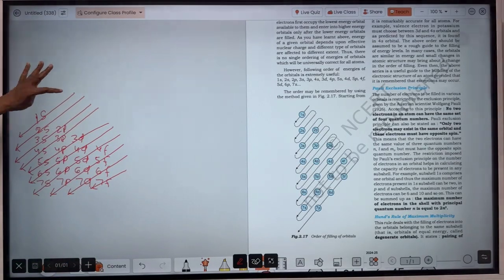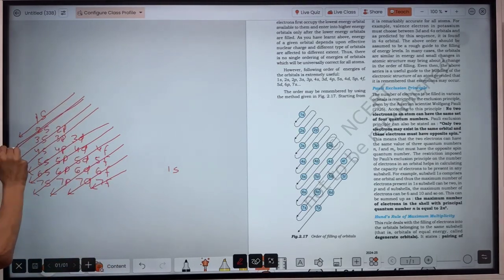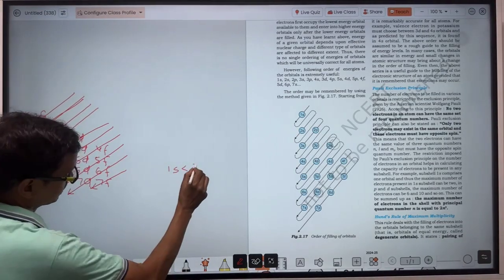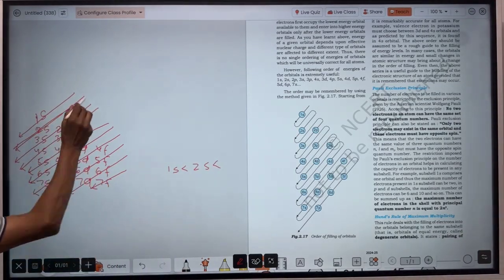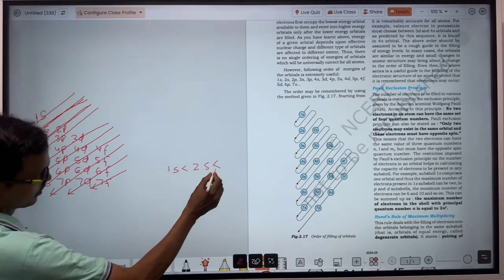And how to write the increasing energy order? From tail to head we will proceed, and then again go to the tail, then towards the head. So that is 1s, then go to the tail, then I come here, that's 2s. So energy of 1s will be least, then 2s, then go to the tail, then comes 2p and 3s.